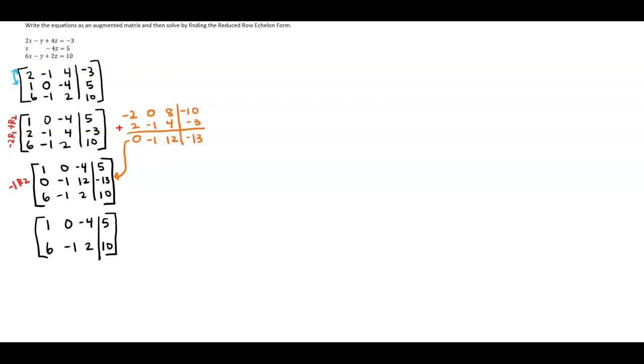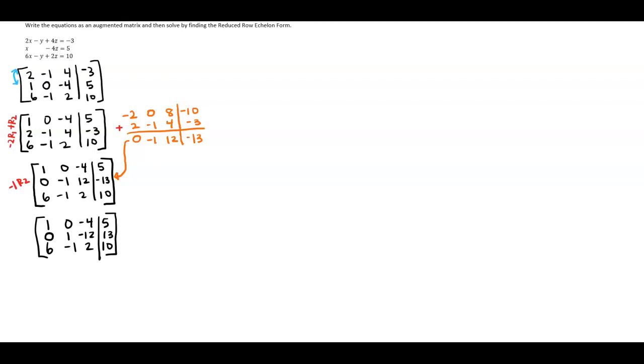So we're basically just changing everything to a negative. Well, 0 doesn't carry a sign, so it just stays 0. We got positive 1, negative 12, and positive 13. All right, so now we've got a 1, 0, 1.